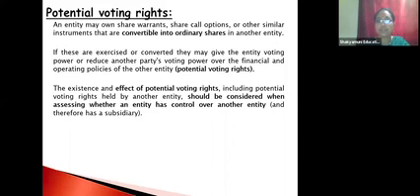This is a simple example. We have 45% voting rights now. In future, after conversion of these instruments, the company will acquire an additional 10% voting rights. That additional 10% also we have to consider now while assessing control. That means 45 will become 55, so entity A is said to have control.